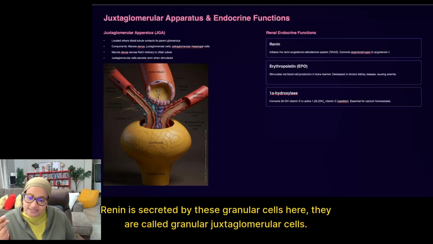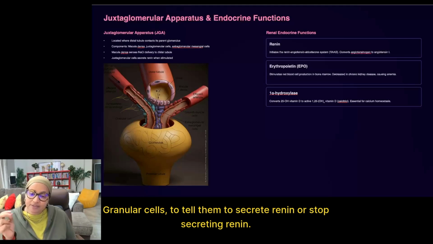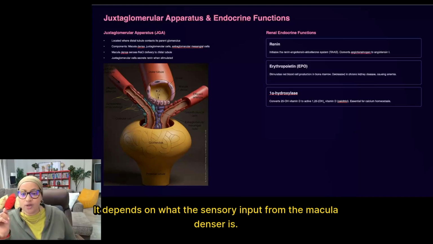Renin is secreted by these granular cells here. They are called granular juxtaglomerular cells. Granular cells are told to secrete renin or stop secreting renin. It depends on what the sensory input from the macula densa is.